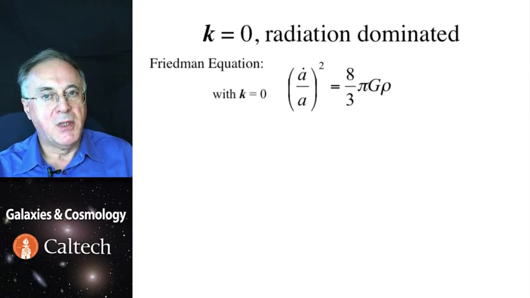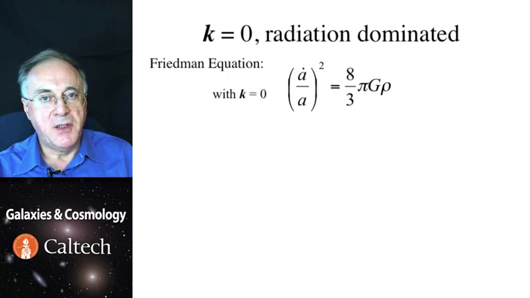Now let's look at a similar model, but this time dominated by the radiation. Recall that the radiation energy density changes with a steeper power of scale factor, 4 rather than 3. You get 3 for the expansion of the space and dilution of the number density of photons. You get an extra power for the energy loss due to the stretching of the wavelengths.